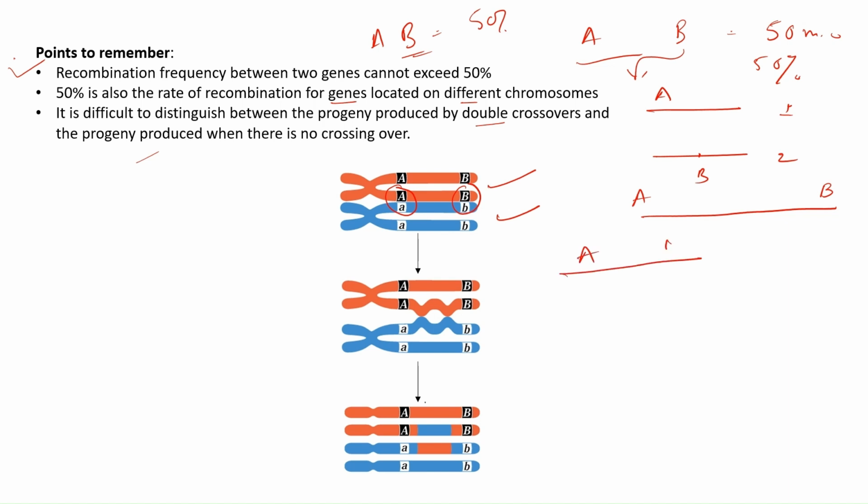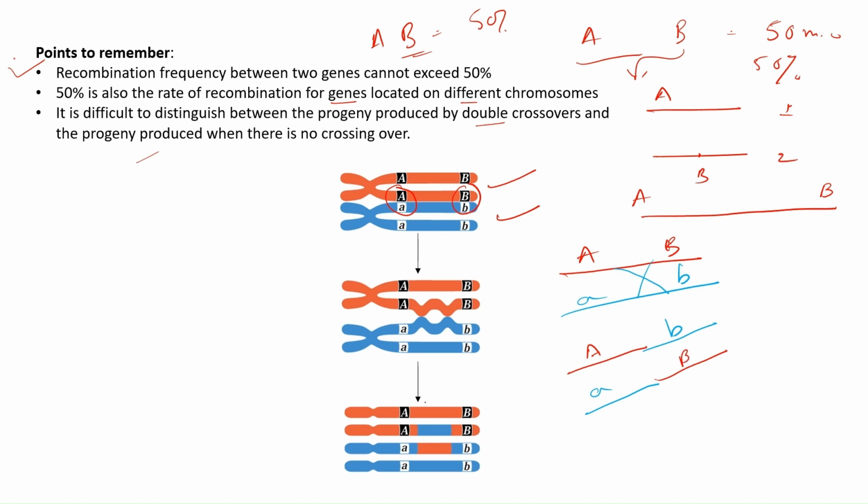This is A, this is B. This is A and this is B. In case of single crossover, if the crossing over takes place here, then we will get the sequence like this. So this is single crossover.